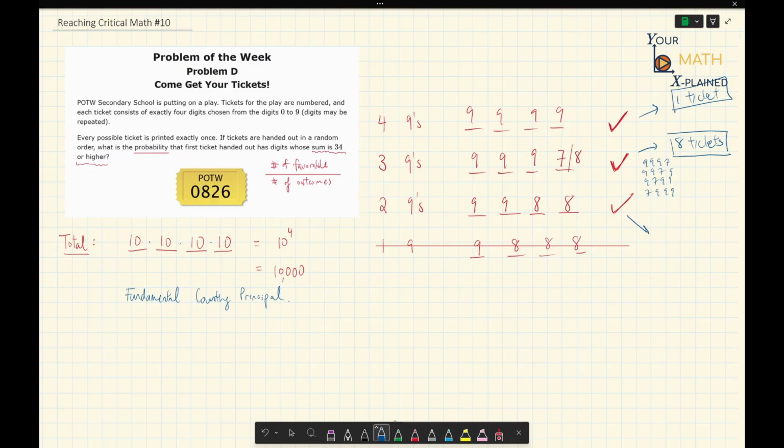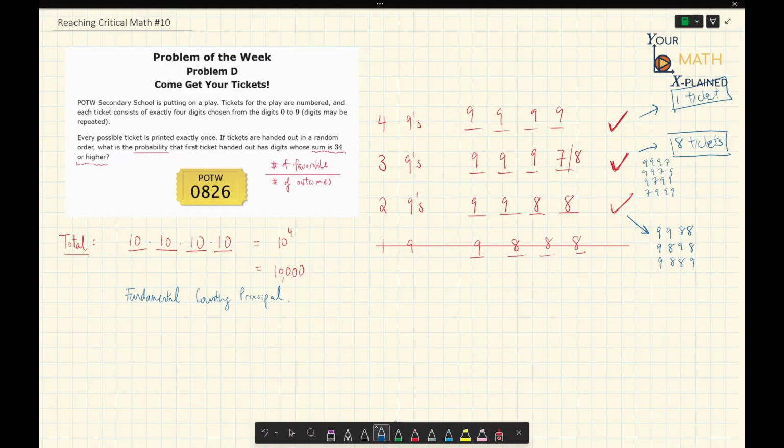In the context with two 9s, this one's a little bit trickier because there are more combinations to count. It's still reasonable to count it out. Like, I can totally just start writing the combinations. 9988. We've got 9898. You see that I'm just bumping that second 9 further along the list.